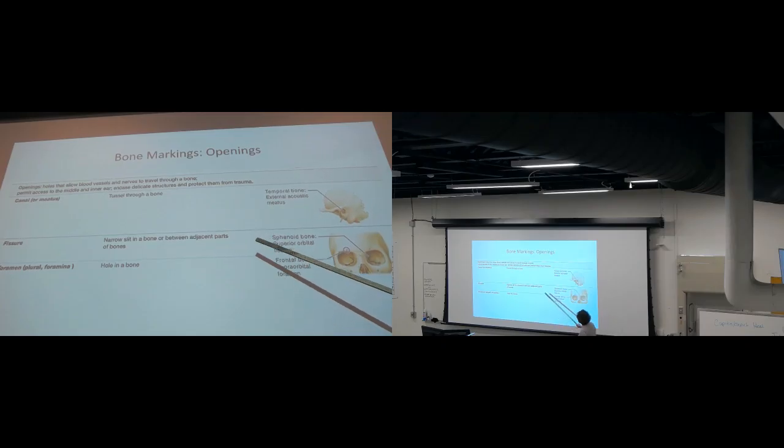Now, fissures, which are slit-like openings in a bone, that happen between adjacent parts of the bones, like the ones that we have here in the orbit. So remember, the eye region is called the orbit.